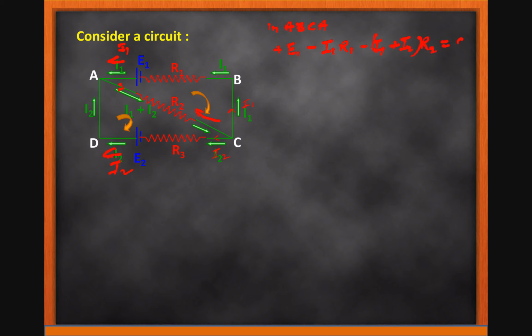It is equal to 0. This is the equation for loop ABCA.